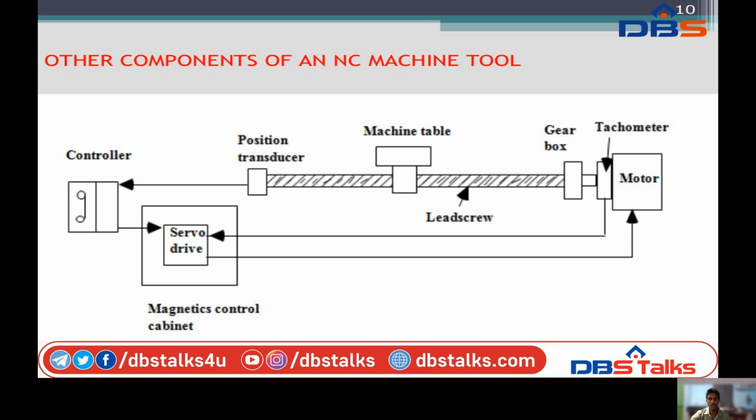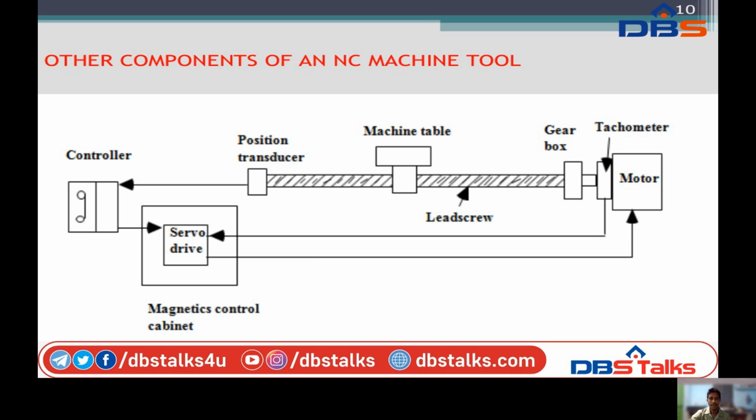Next, the tachometer, which is used for measuring speed in RPM, revolutions per minute. Next, gearbox, machine table, and position transducer. A transducer is used for measuring changes, here position changes. Those are all the other components of an NC machine tool.